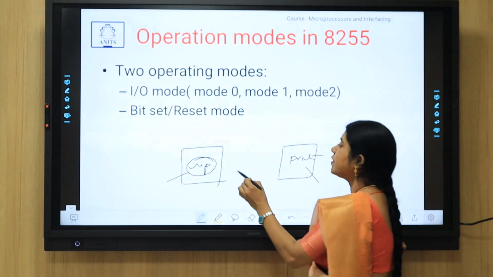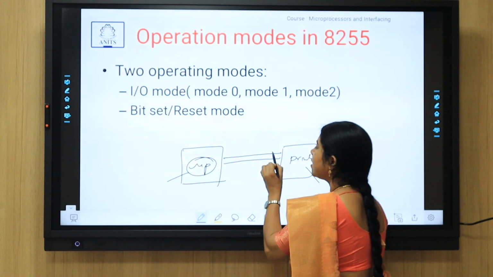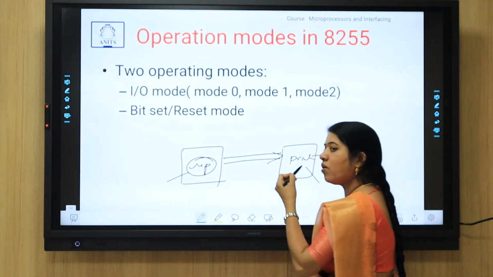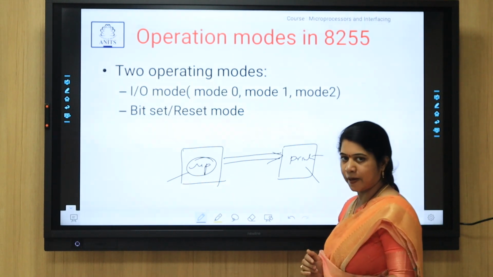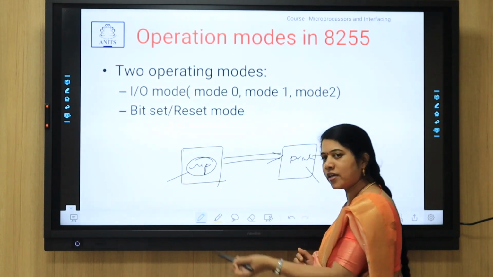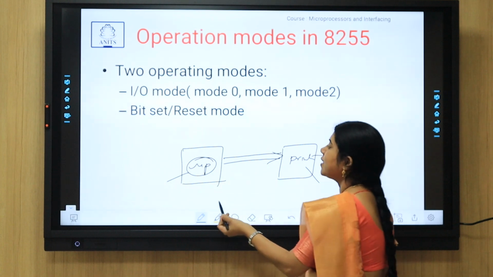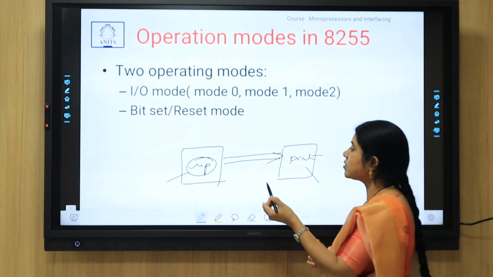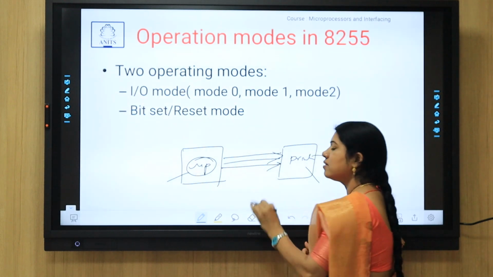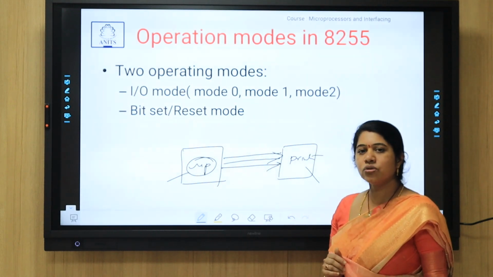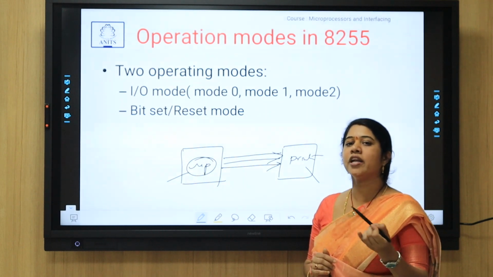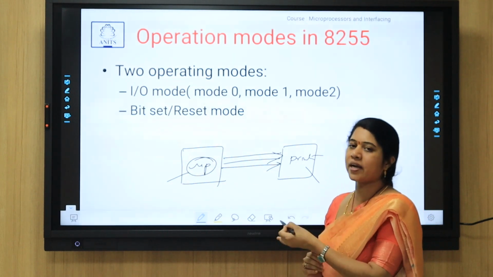If the microprocessor sends data to print, the printer may not accept that high-speed data because both are not compatible. So, before sending the data, the processor sends one signal to ask the printer whether it is able to print this high-speed data or not.